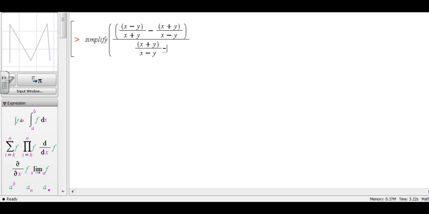Am I subtracting? Okay, so I'm going to subtract x minus y divided by x plus y. Okay, and parentheses there. And what I'm looking for is a minus 1.